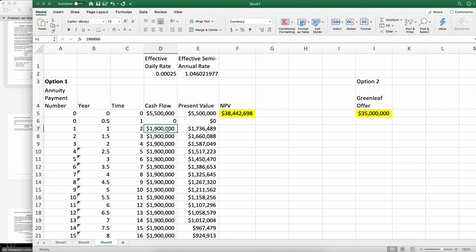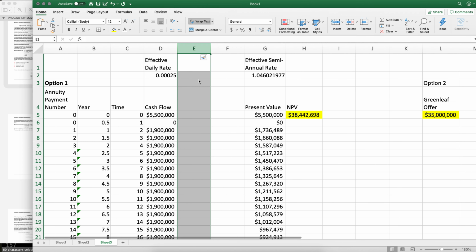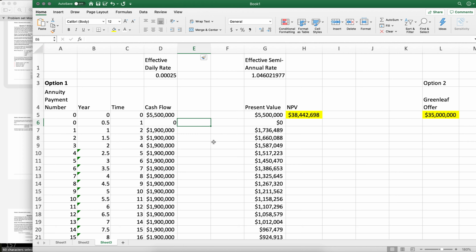Now, you'll notice that this is an annuity. There is another way to do this, and so let me just add a column in here. If this was an annuity, the present value of the annuity would be standing right here.